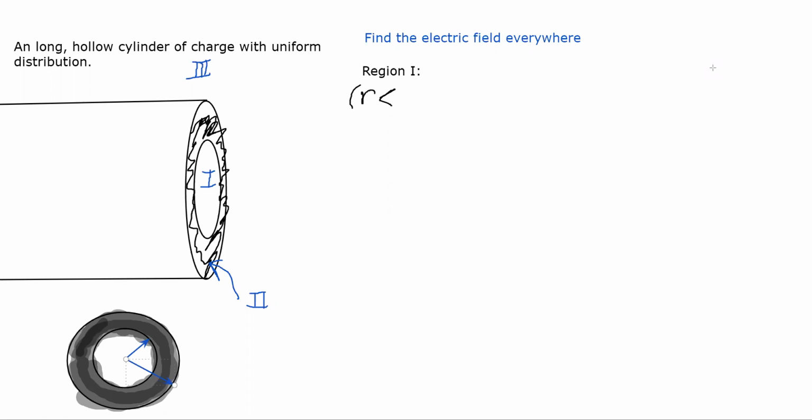Let me do that in a different color. So we have capital R out, the outer surface, and then we have the inner surface, which I will call R in.